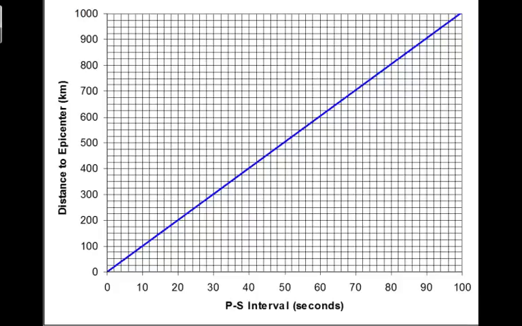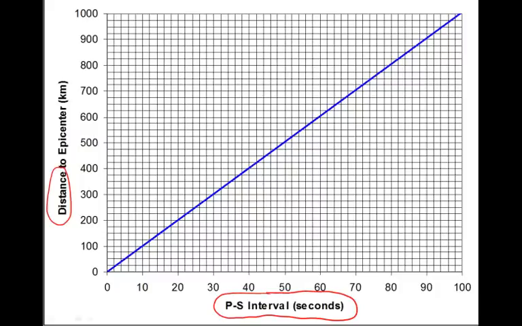We can then use a seismic wave velocity graph to relate that difference in arrival times between the fast P and the slow S waves back to a distance of that station from the epicenter. So the x-axis is the difference in arrival times between our P and S waves, as measured from the seismograph.